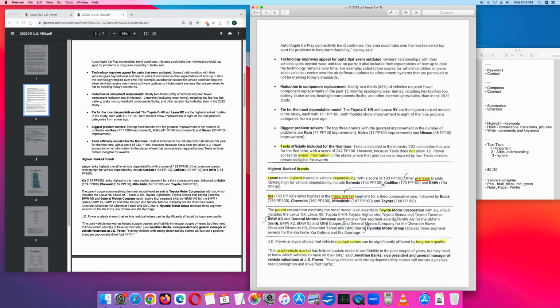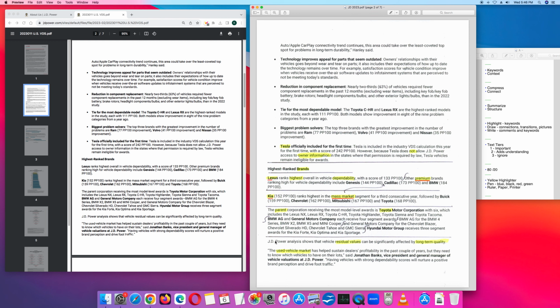Then the third paragraph, I would put another heading. I would put here corporations with the most model level awards. Toyota 6, BMW 4, GM 4, Hyundai 3. Then I would put another heading.